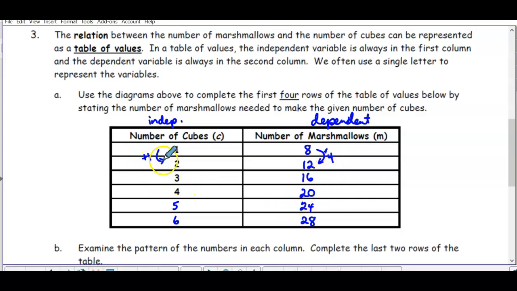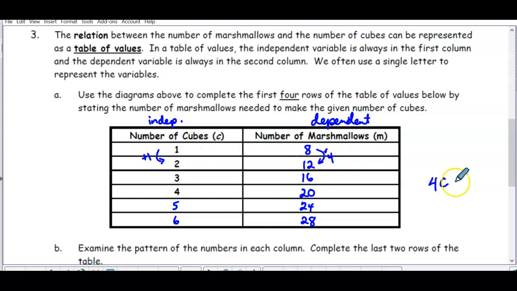Okay, so these basically match up in a sense that you have to multiply your number of cubes by 4, and then that would give you, so let's test out what that gives you for each of these C values. So 4 times 1 is 4, but we need to get 8. So now we need to add something.